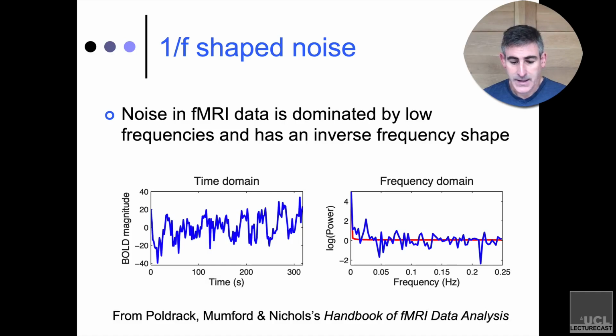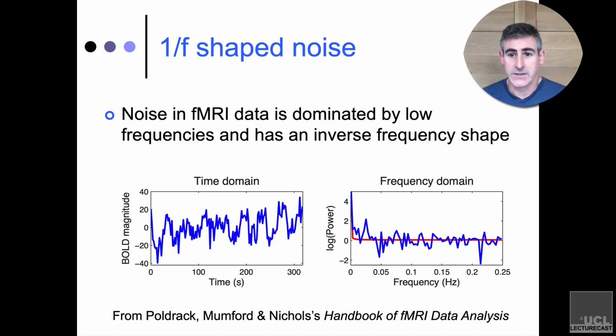So if you look at that in the frequency domain, you can see it very, very clearly, where I've plotted these in terms of low frequency on the left, high frequency on the right. In contrast, if you look at it in the time domain, this might be the data that you can see on the left here from your actual pre-processed fMRI data, and you can see that it looks like it's got some sort of up and down block pattern here, but you can also see that it's kind of shifting up over time.